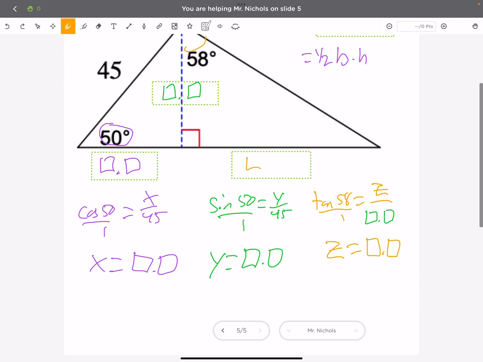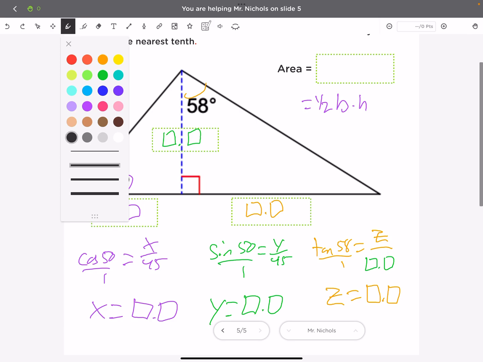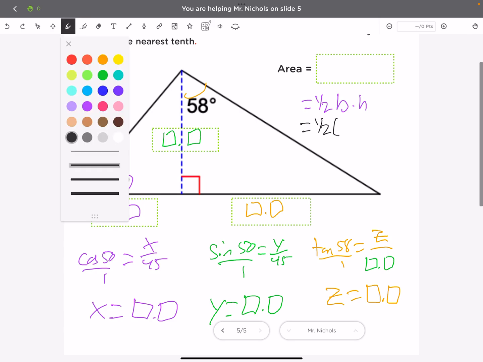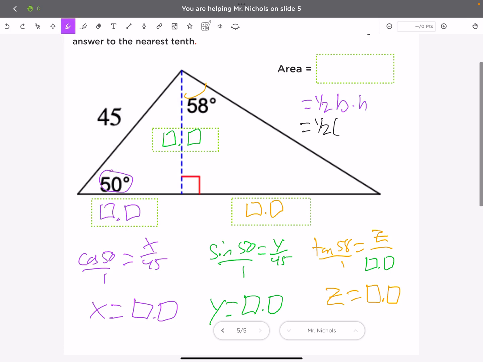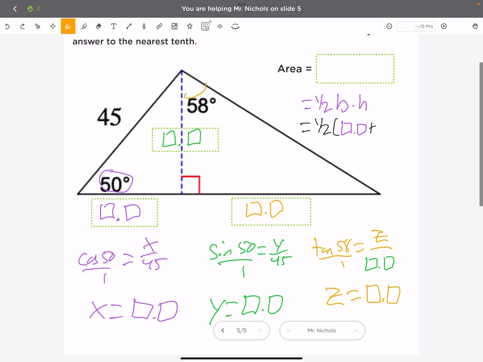Then to find the area, once again, we're using only rounded values. So I'll start with black. This is equal to 1/2. And then we're adding our purple value to the orange value to get the base.